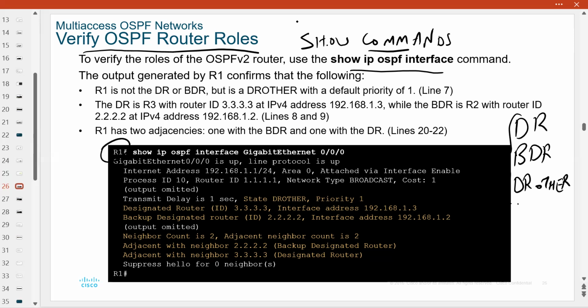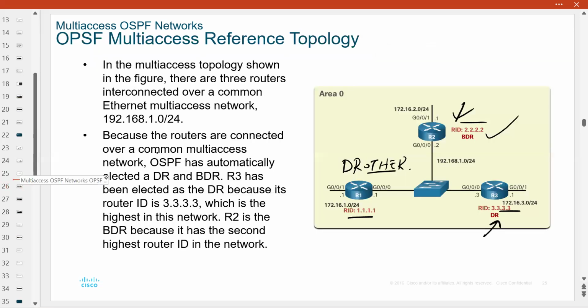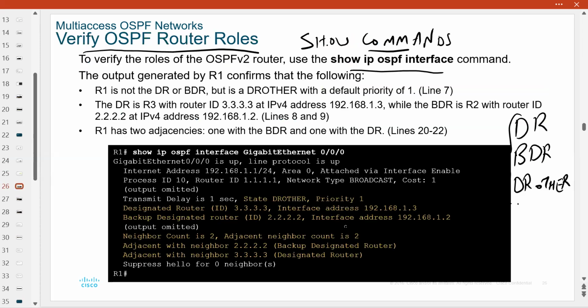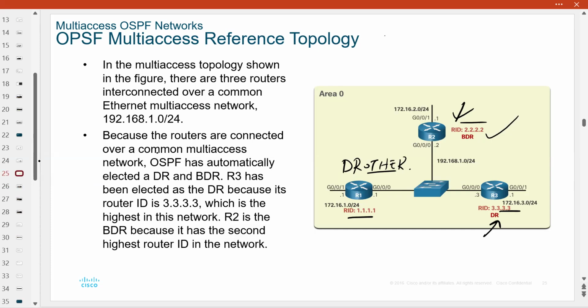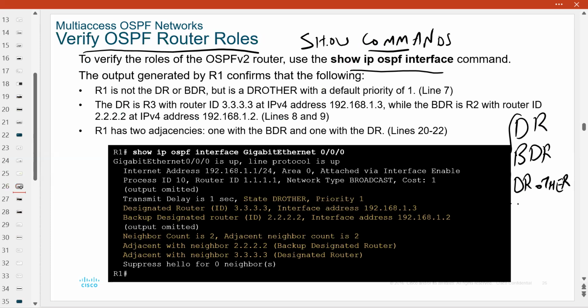So R1, if we go to our reference, what is R1? R1 is a DR other. Let me write it right here.